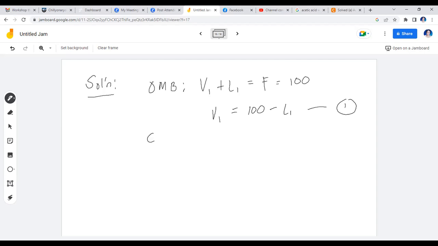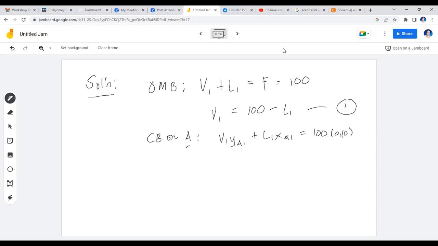If you do component balance, it could be based on A or it could be based on C. I always suggest that you start with A. If you still need another one, then you can have another one in terms of C. It's patterned after what you have here. So you have V1 YA1 plus L1 XA1 equal to 100 times the composition of A in the original mixture, which is 0.10.